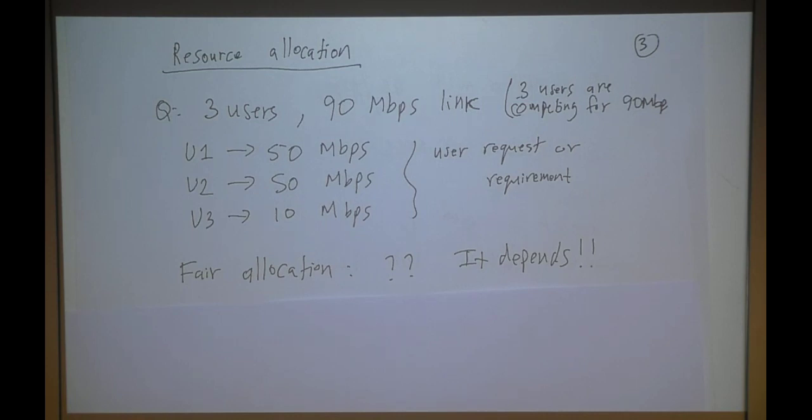I can't meet their request, because 50 plus 50 plus 10 is more than 90. So what can I do? Proportional. So you're saying that the total request is 110, correct? So U1 gets 50 over 110, U2 gets 50 over 110, and U3 gets 10 over 110.